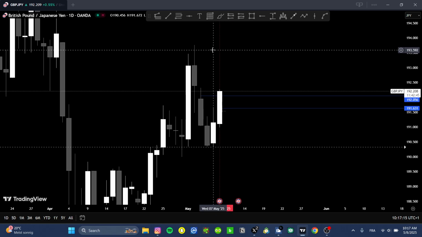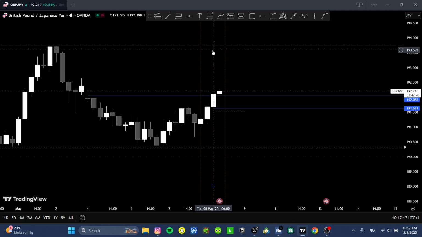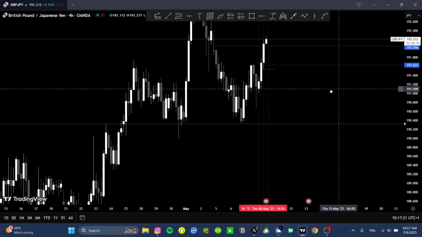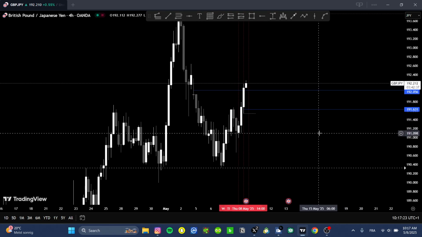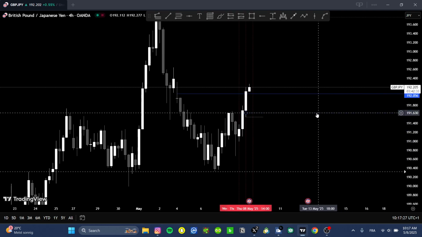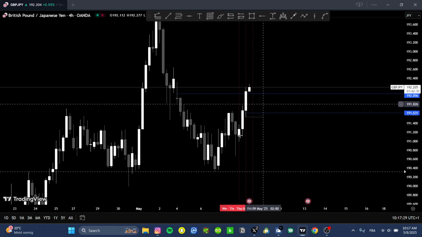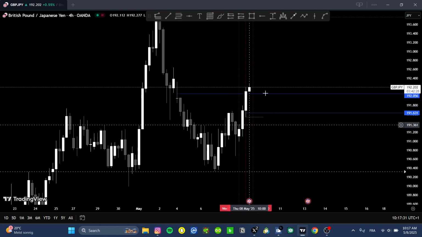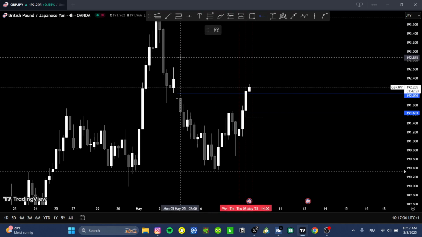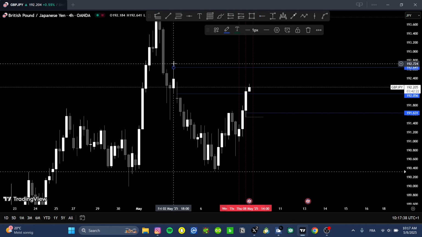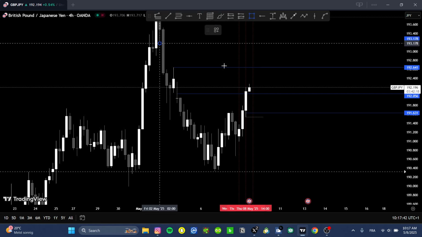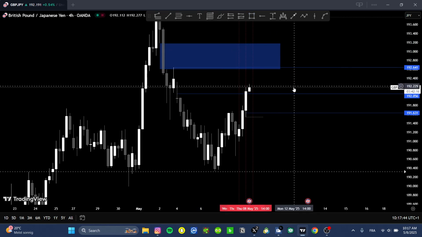Next, I'll be checking the 4-hour bias as well, to see if it's aligning with the daily or not. And here, as you can see, we are also aligned with the daily. We are in a bullish trend on the 4-hour. The very clear target is those 4-hour highs, and we also have an unfilled fair value gap right here.